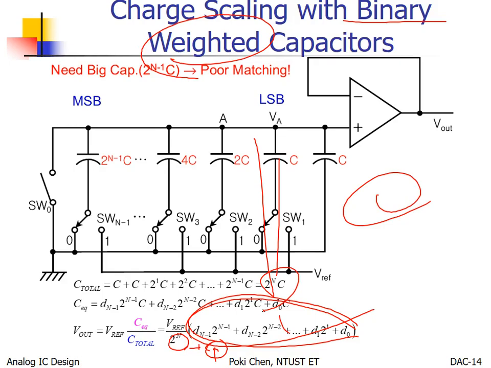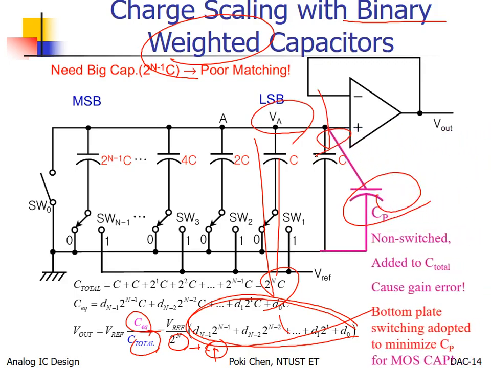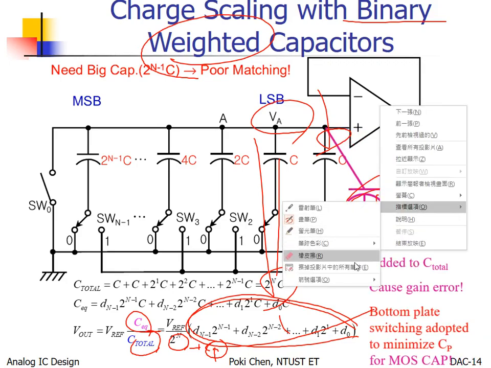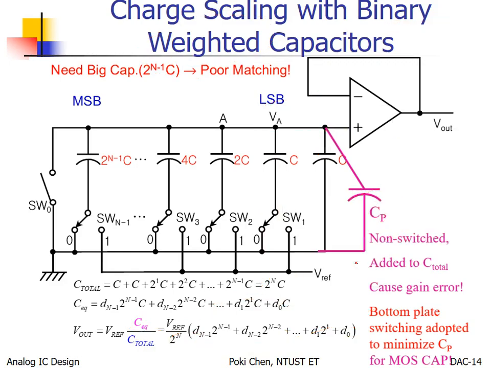Because C total becomes larger than before. C equivalent, the same, all right? So VA will be reduced by CP. That's it. Okay? And then the next question is how to reduce the gain error. In brief, how to reduce CP.